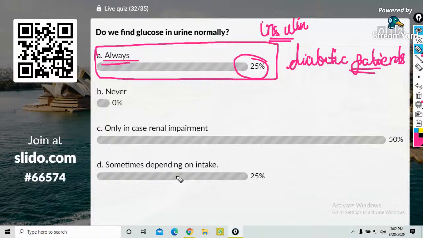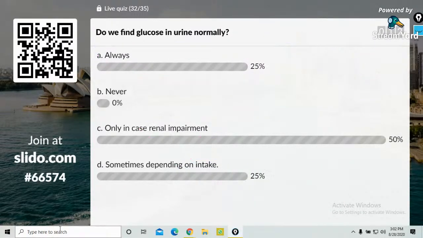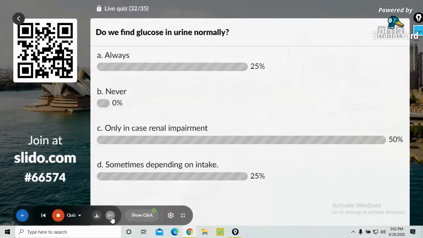Then sometimes depending upon the intake, if you take food rich in sugar, like a laddu or a jalebi, it would lead to glucose in the urine. No, never, because there is a hormone named insulin in our body for the conversion of glucose into glycogen. Only in case of renal impairment, whenever the kidney has any malfunctioning.